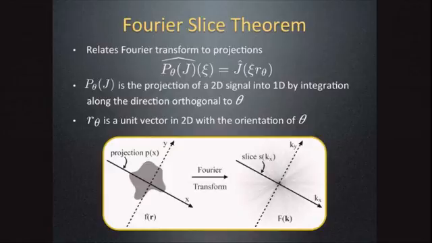Okay, so given that observation, we might need this tool, so let's look at it. The Fourier slice theorem gives us this relation. It's a relation between the Fourier transform of a projection of a 2D signal onto a 1D line and a line in Fourier space.